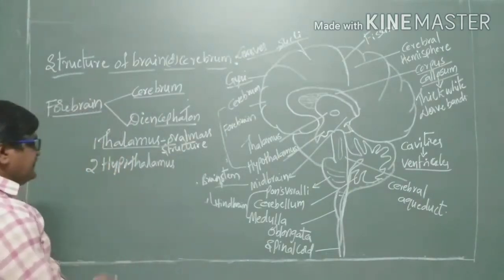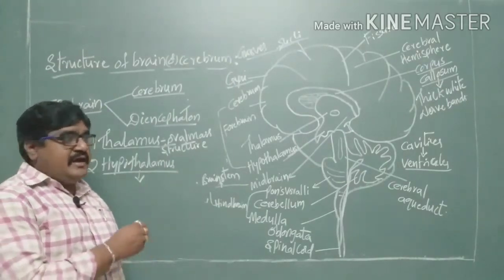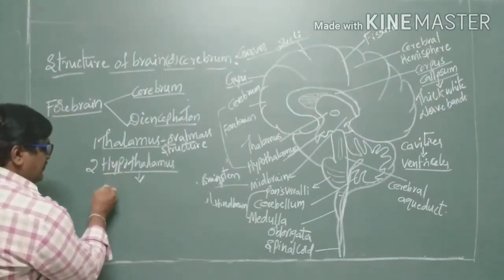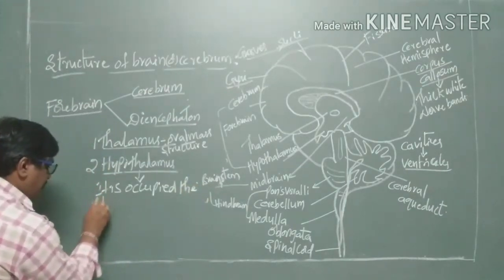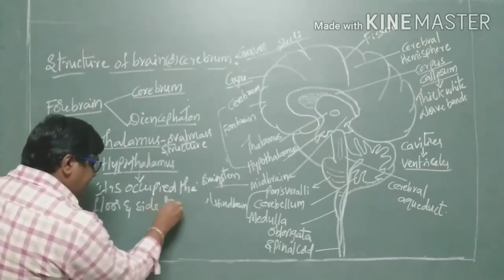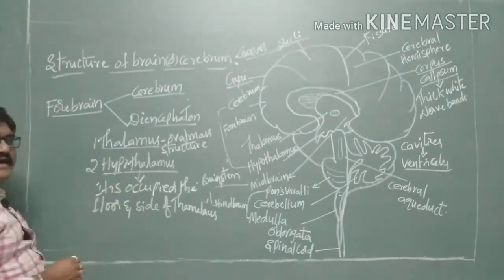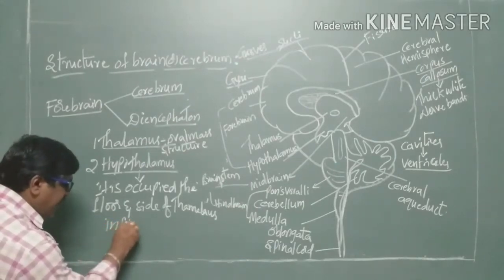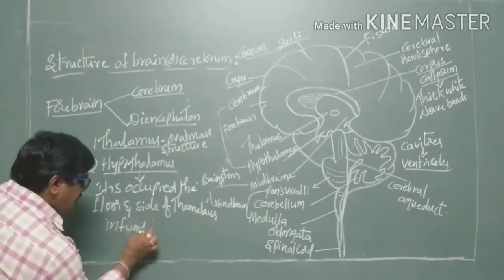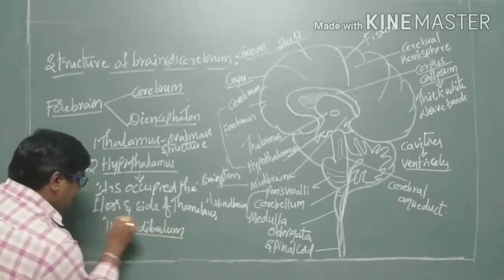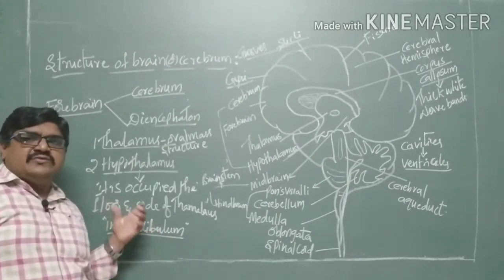The hypothalamus is present below the thalamus, occupying the floor and sides of the third ventricle. It has a stalk-like structure called the infundibulum, which attaches the hypothalamus to the pituitary gland.